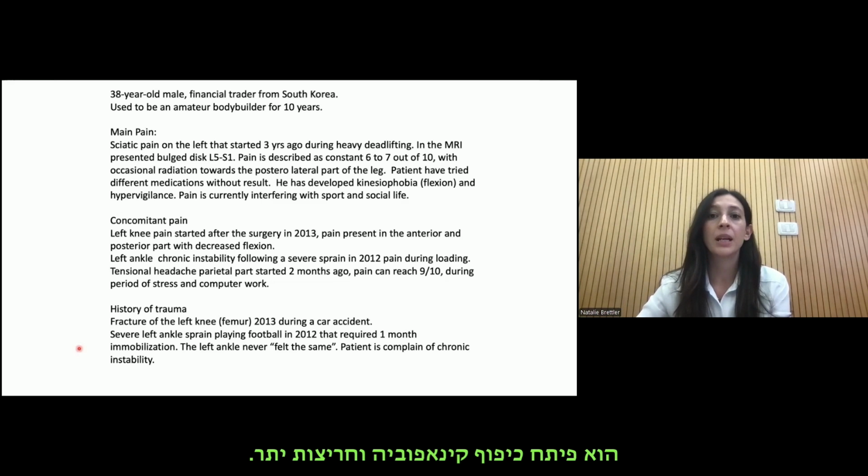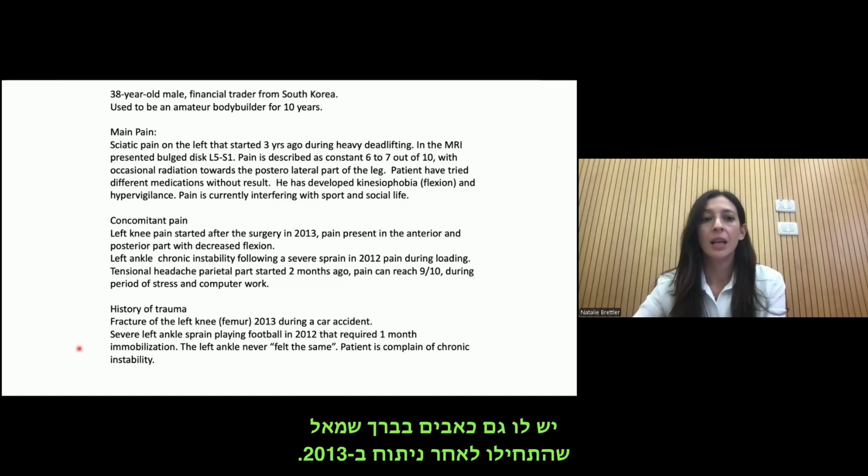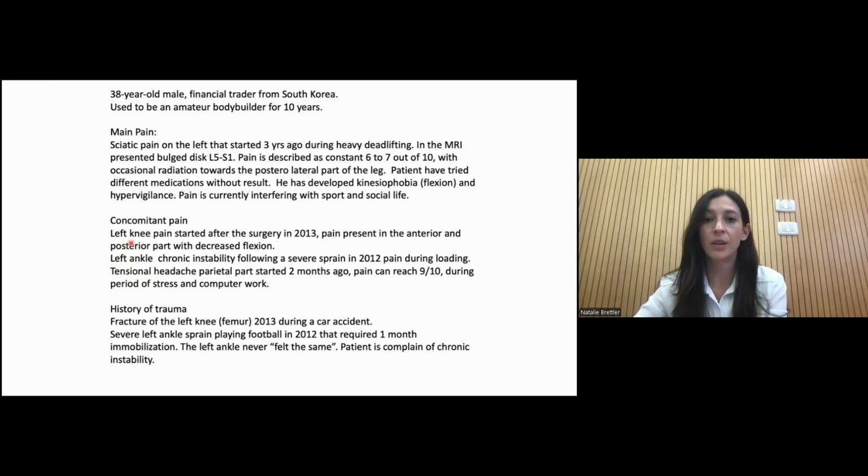He has developed kinesiophobia, fear of flexion, and hypervigilance. The pain is currently interfering with sports and with social life. He also has pain in his left knee, which started after surgery in 2013.